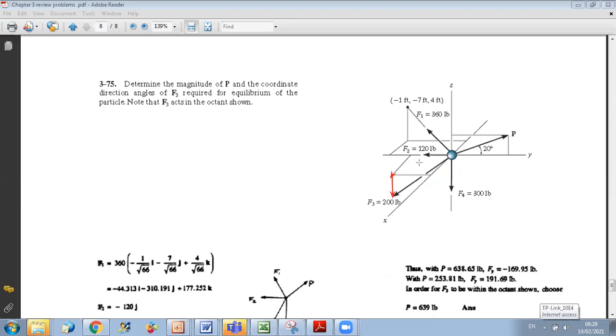For X, what is the X component of this point? This is the X component, a positive component. While what is Y of the point? This is Y of the point. It's negative also. This is why F3 will have a negative component along Y, a negative component along Z, and a positive component along X.